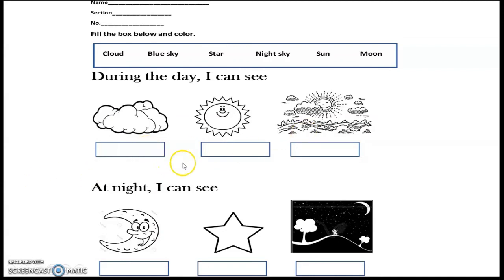All right, and then the second question. At night, I can see what? What can you see during nighttime? Yes, moon, star, and night sky. And then during the day, clouds, sun, blue sky.